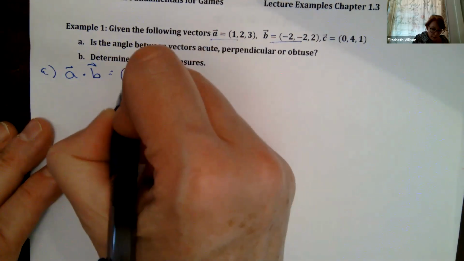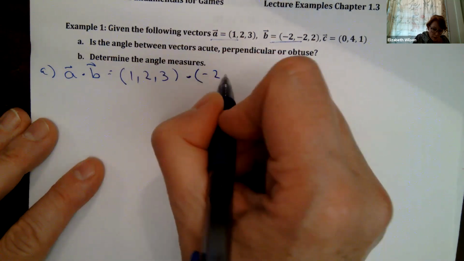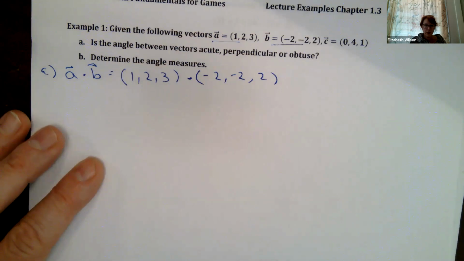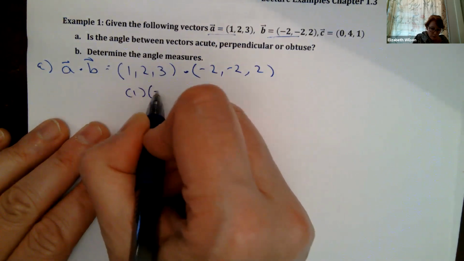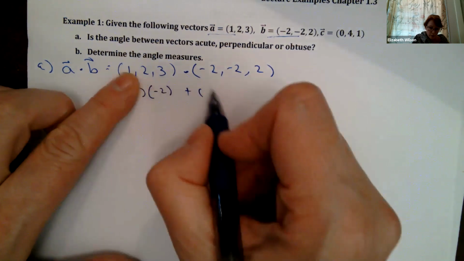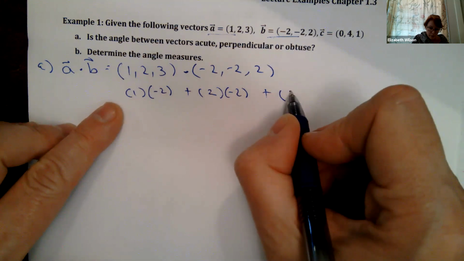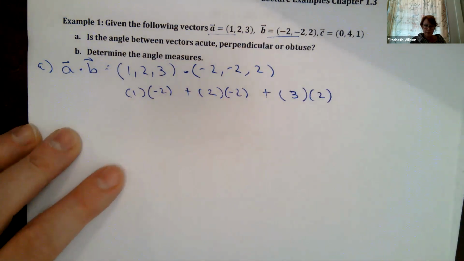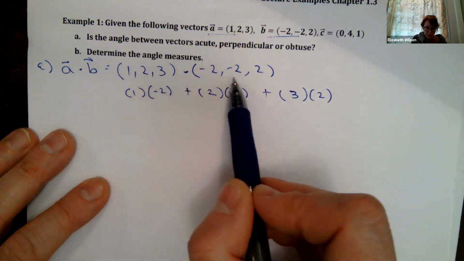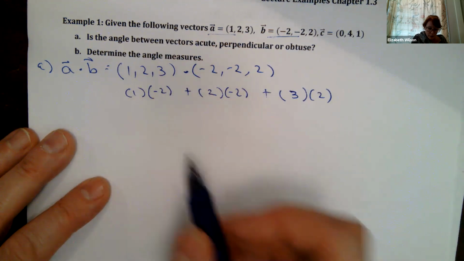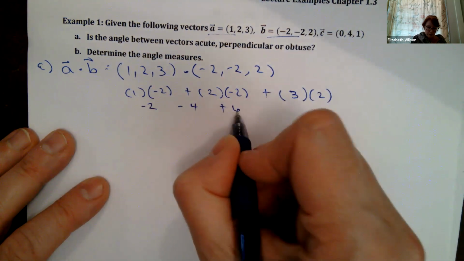So I'm going to go like this, 1, 2, 3, dot, -2, -2, 2. Remember our dot product, we take our x components, so 1 times the -2 plus my y components, 2 times the -2 plus my z components, 3 times 2. See how I did that? I multiplied first components by first components, second by second, and third by third. This is -2 -4 plus 6.